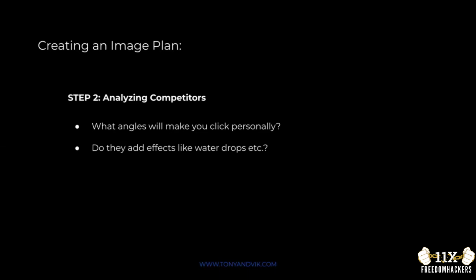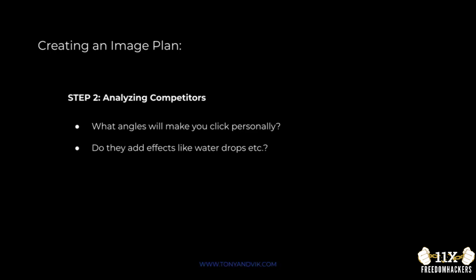So I think that all these same competitors are using the same set of imagery. They have 4 pictures, and they all use these different types of pictures. Well, there's probably a reason for that. So maybe they all are adding effects like water drops. So maybe it's about that.